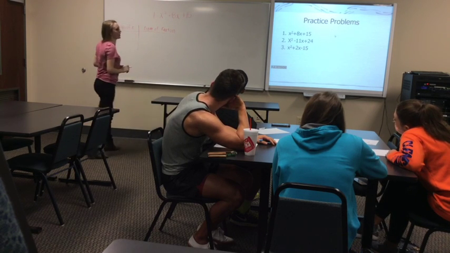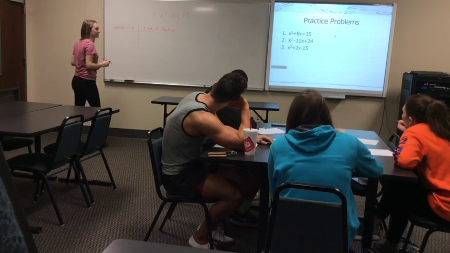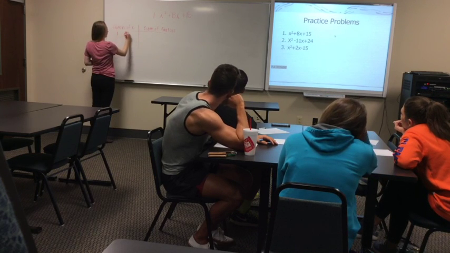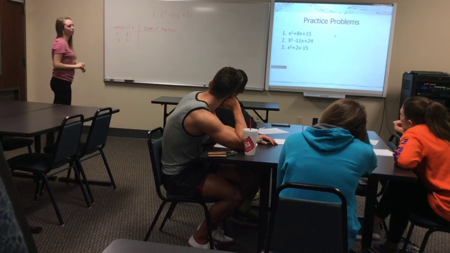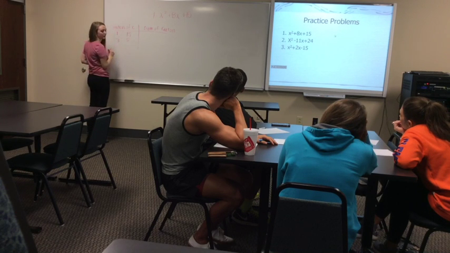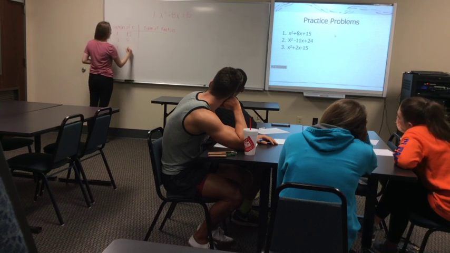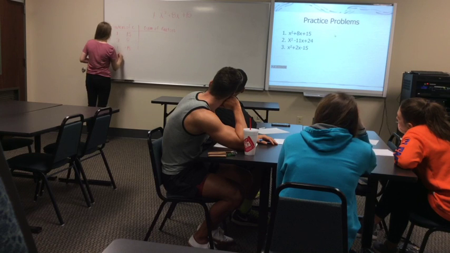So you have positive 15. What are your possible factors? 1 and 15, 3 and 5. And because it's positive, what are your other possible factors? The negative of those: negative 1 and negative 15, negative 3 and negative 5.